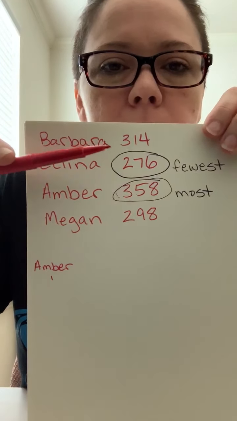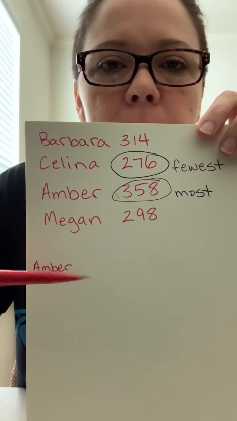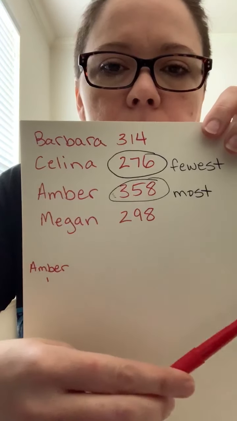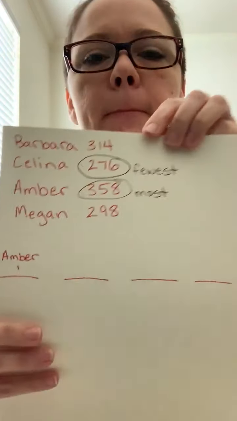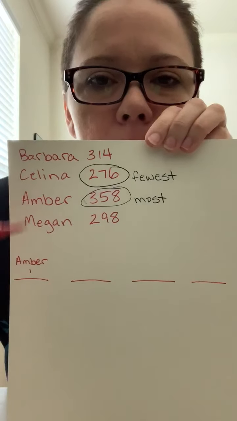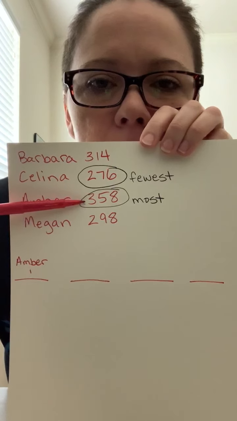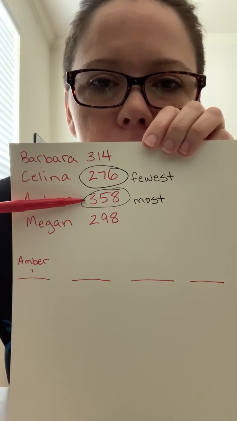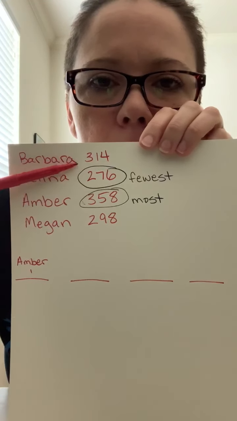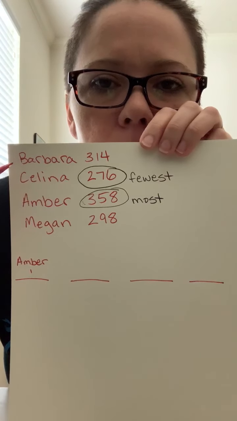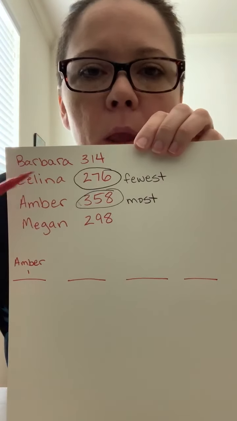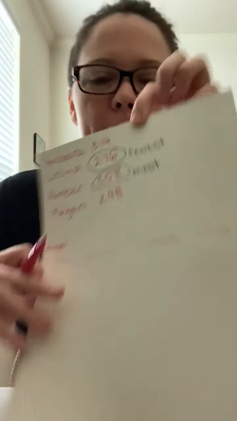Now, which one would come next if we're putting these in order from the biggest number all the way down to the smallest number? So we're gonna have 4. Okay, which one would come next? Amber had 358. Are there any more that had 300? Yes, this one up here. This one is Barbara. Barbara had the next. So she'll be number 2.